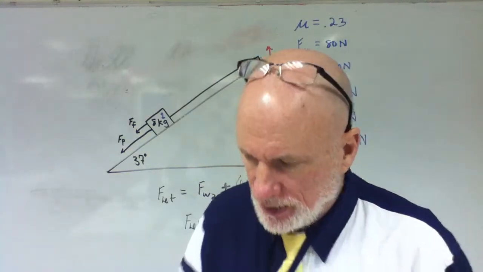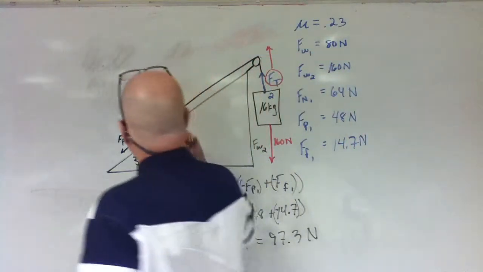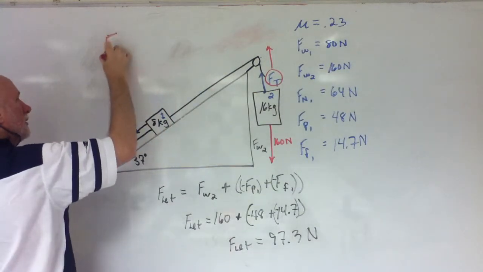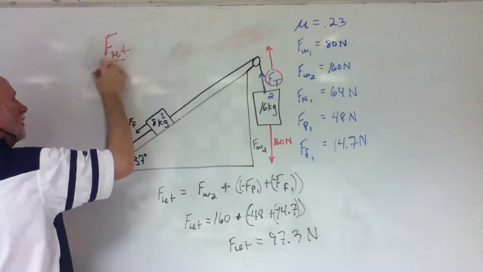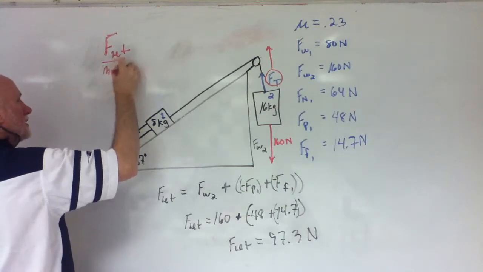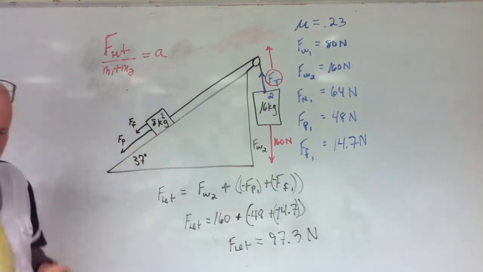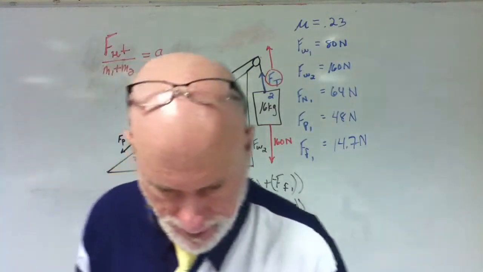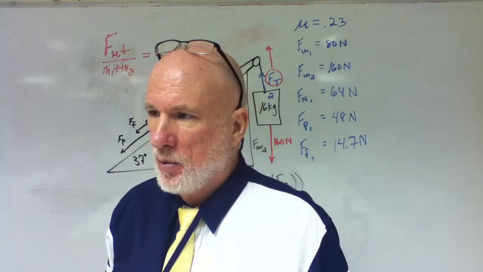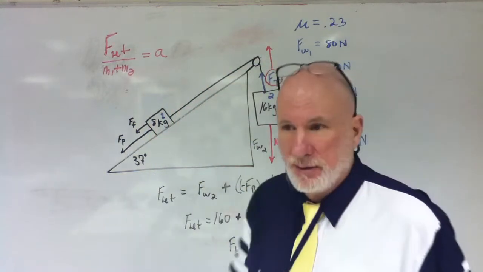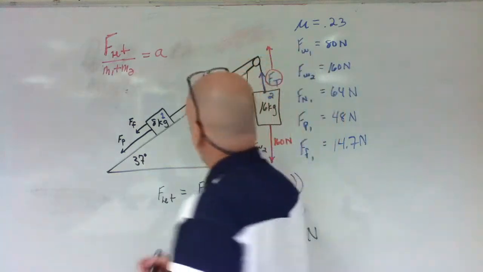So now the acceleration is going to be F net over M1 plus M2 equals acceleration. That's not working very well, is it? Okay, and what is 97.3 divided by 24?